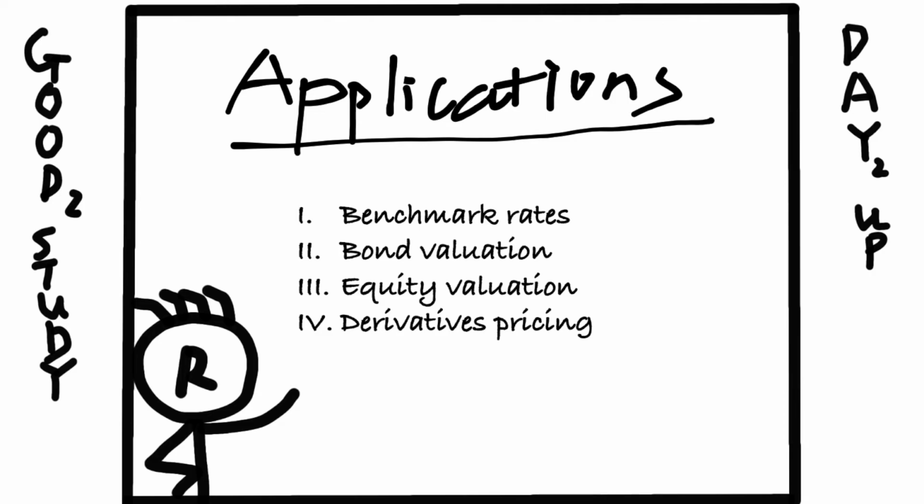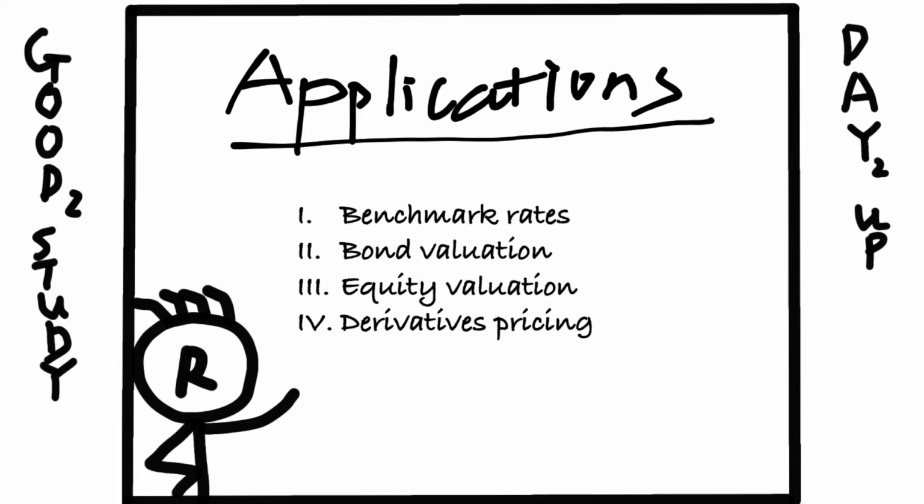So when this happens, a lot of traders will go into the market and short Apple bond and long US Treasuries because they think that the spread will eventually turn positive, so the market will correct itself. Risk-free rates can also be used to value other type of bonds, such as corporate bonds or municipality bonds.